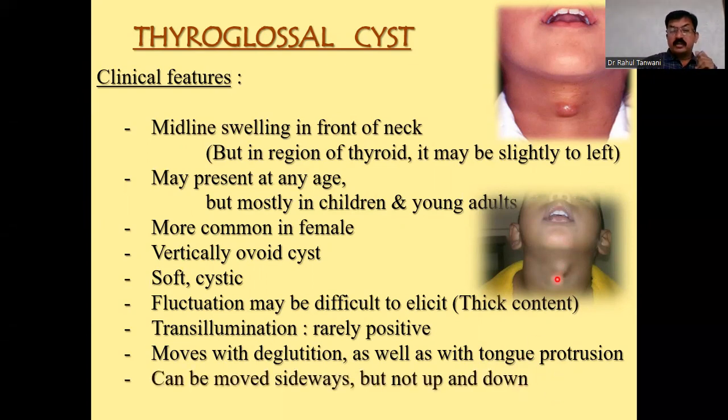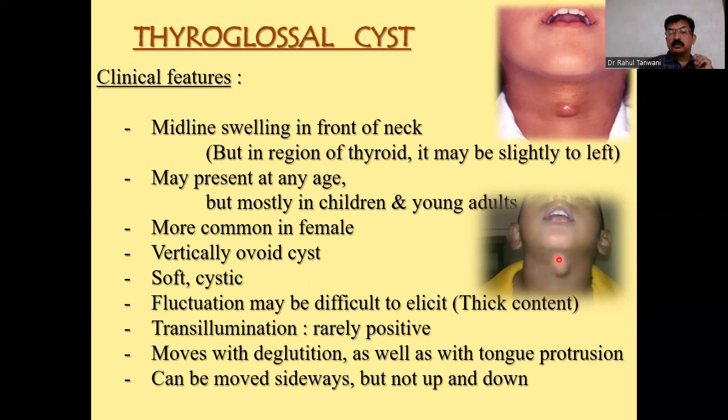And again, because it is arising, don't forget that thyroglossal tract, it has not disappeared. It is still there. It is obliterated and it is still there. So that tract, if you hold this swelling by your thumb and forefinger, and if you try to move it, it will move from side to side, but it will not be mobile in up and downward direction.